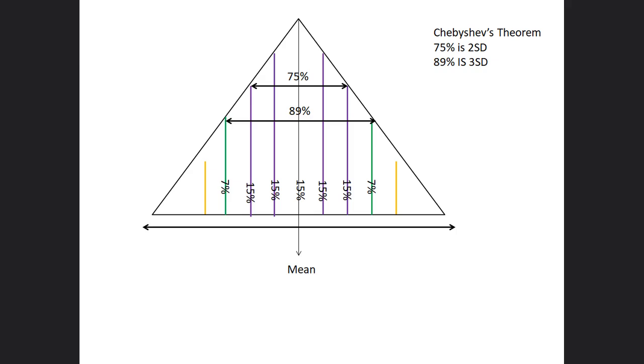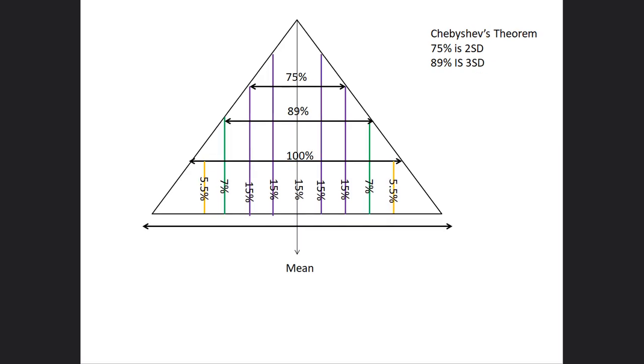If we were to add 7% plus 15%, 15%, 15%, 15%, 15%, plus the last 7%, we should get 89%, which is within the 3 standard deviations from the Chebyshev theorem.